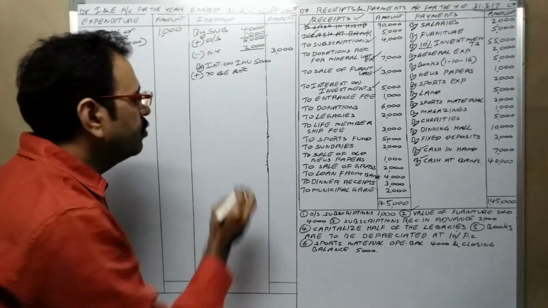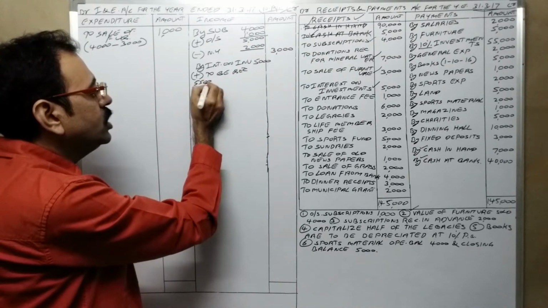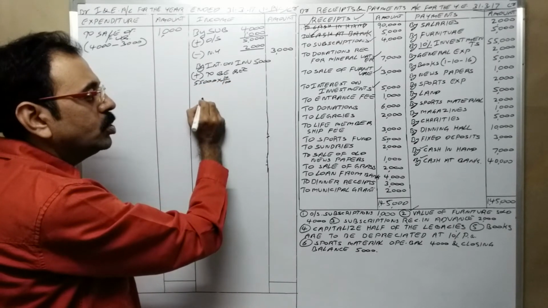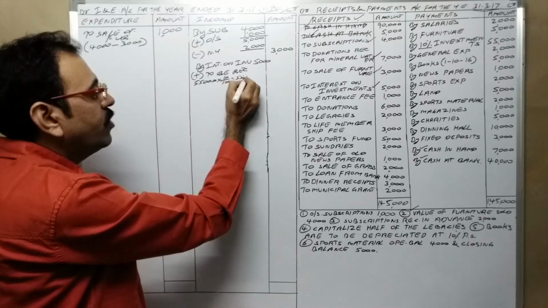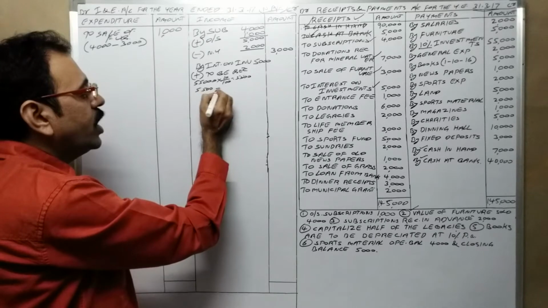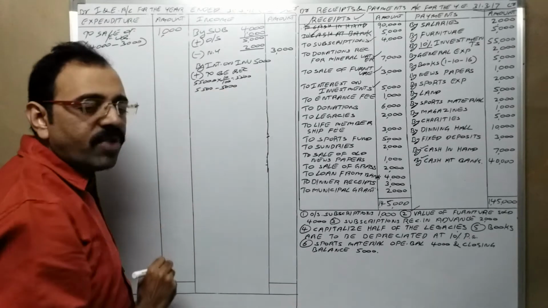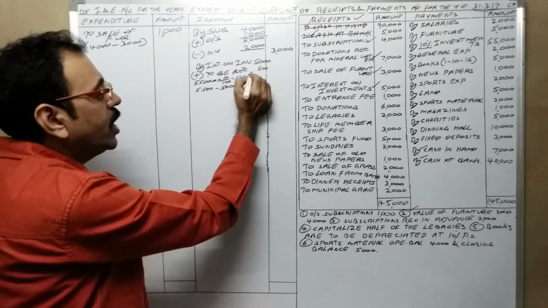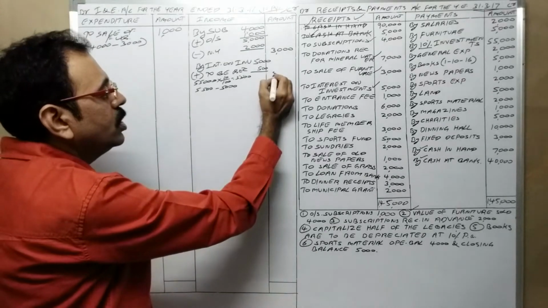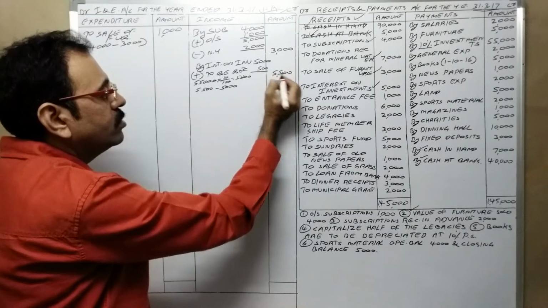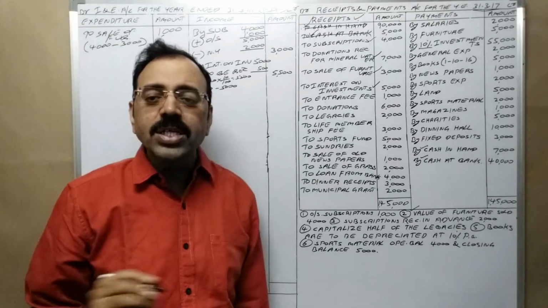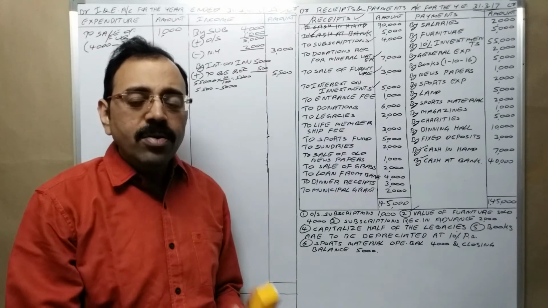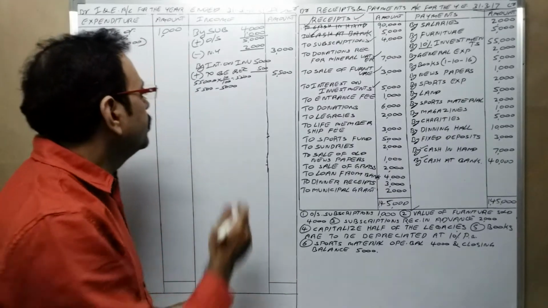How did that 500 come? 55,000 is the value of investment. On that, 10% should come. It is 5,500. Of the 5,500, we already received 5,000 rupees. Then how much more money should come? 500. If you add both, 5,500 is the total interest amount. Of that, 5,000 we received, and 500 we should receive. Put it in brackets.